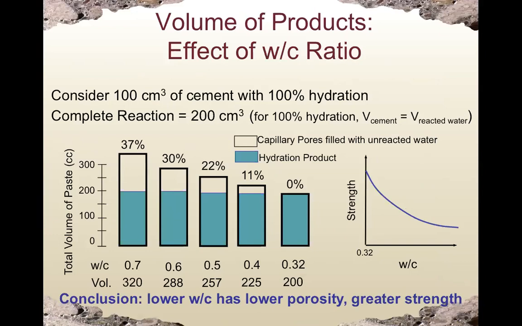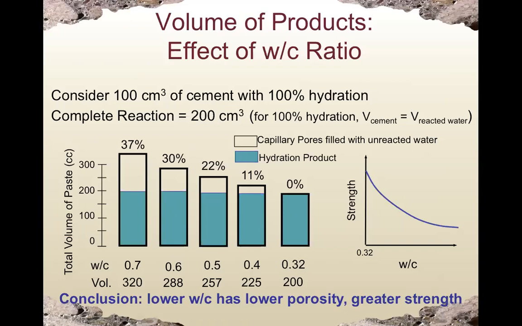All right, here shows us the effect of water to cement ratio. Again, we consider 100 cc of cement, and we consider that all the cement grain will fully hydrate. For complete reaction, we have 200 cc of hydration product.